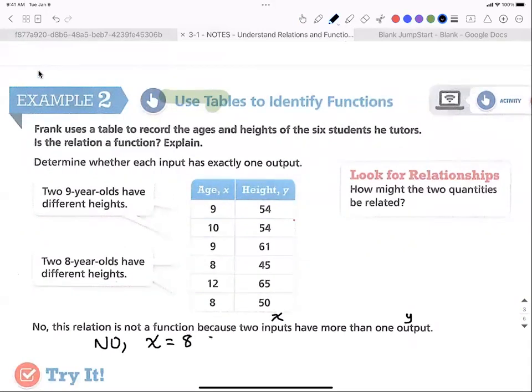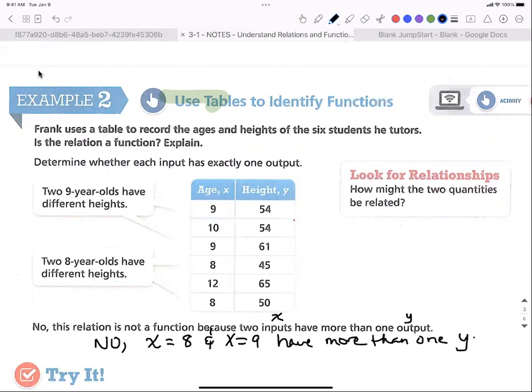X equals 8 and x equals 9 have more than one. Now you can put output or y. I don't care because they're the exact same thing. But I don't want you to just put that some random x goes to more than one y. I want you to identify the cheater. I want you to call them out by name.